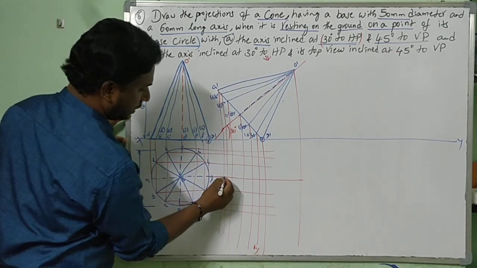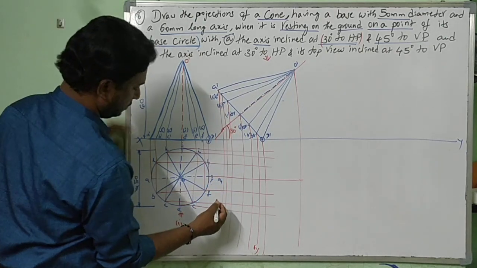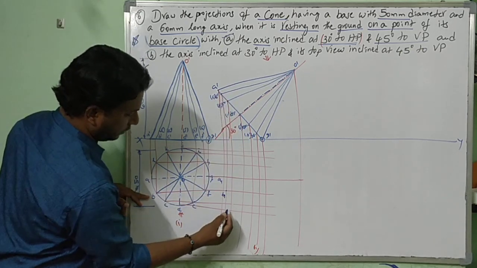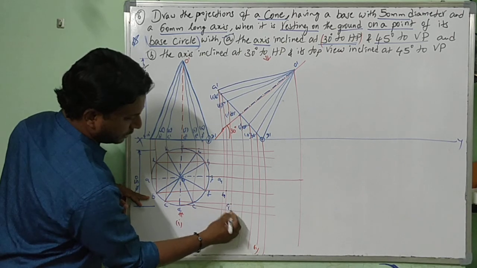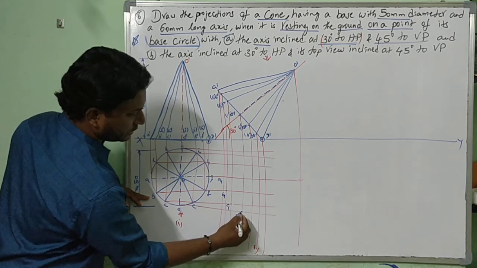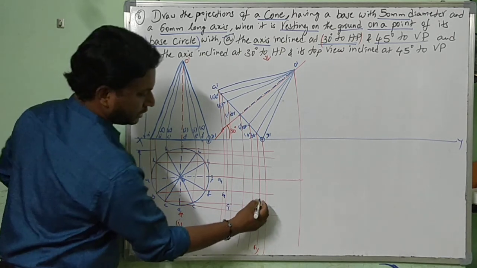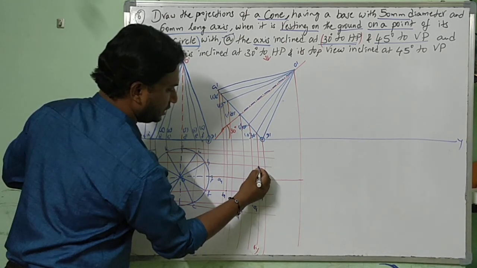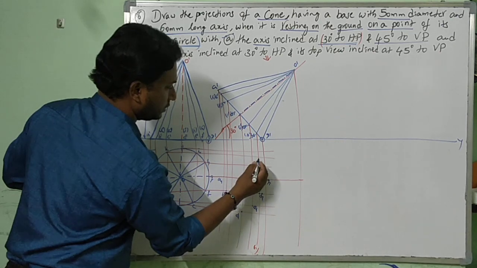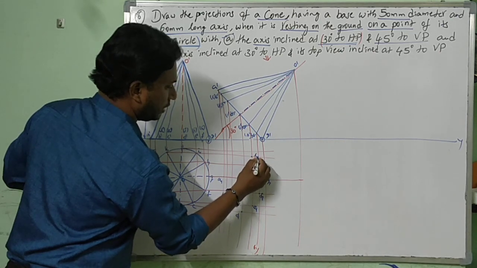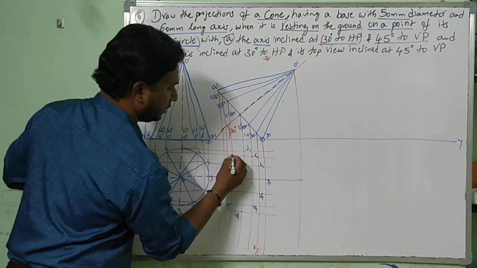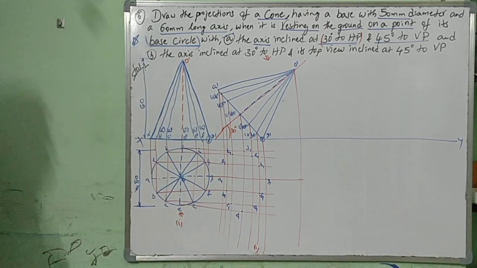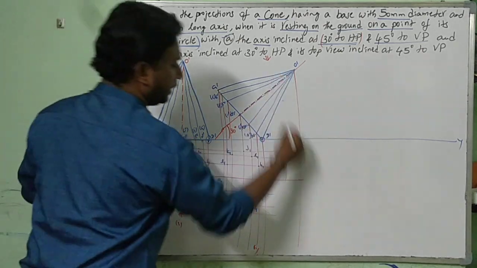A to A dash, A1, B to B dash, B1, new point, C to C dash, C1, D to D dash, D1, E to E dash, E1, F to F dash, F1, G to G dash, G1, H1, I1, J1, K1, L1.